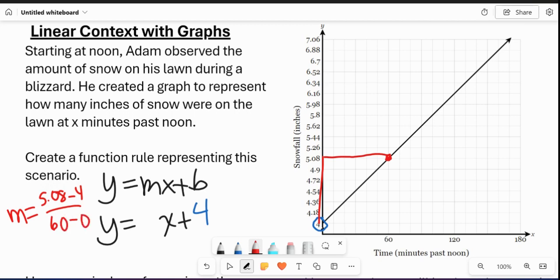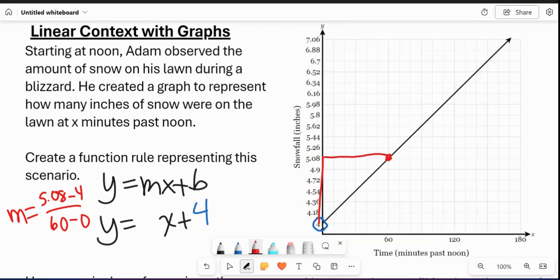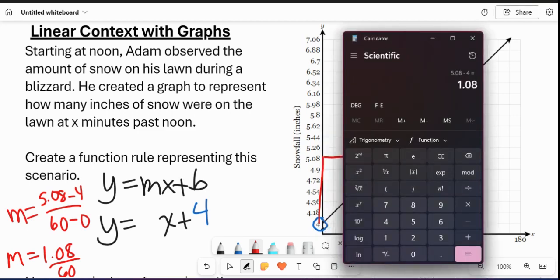So 5.08 minus 4 is 1.08. And 60 minus 0 is 60. So 1.08 divided by 60, leave that number in your calculator, is 0.018.